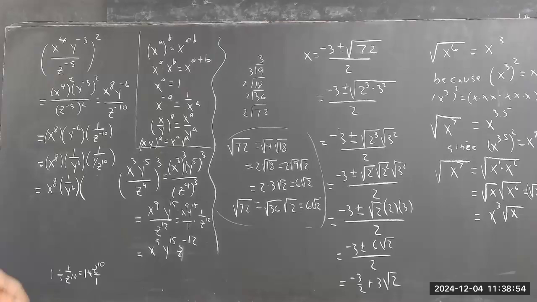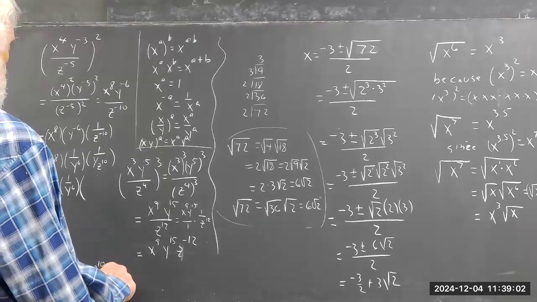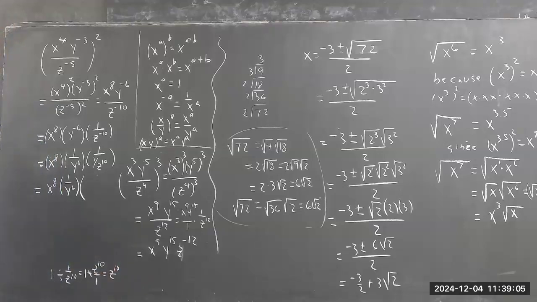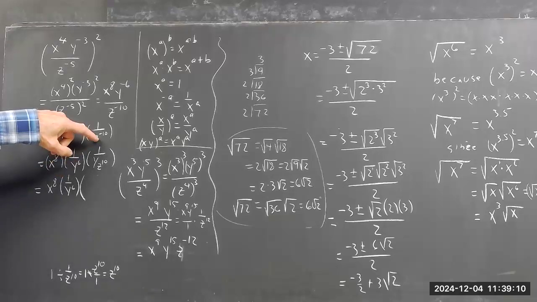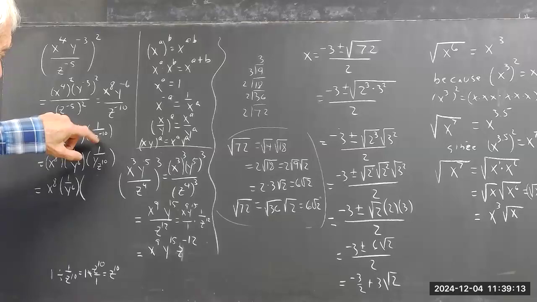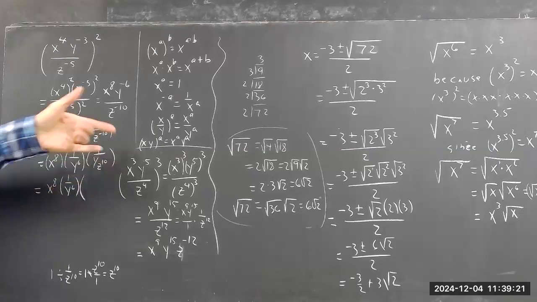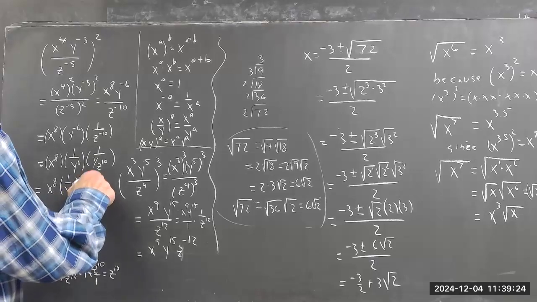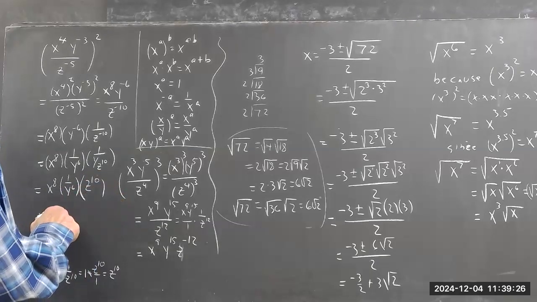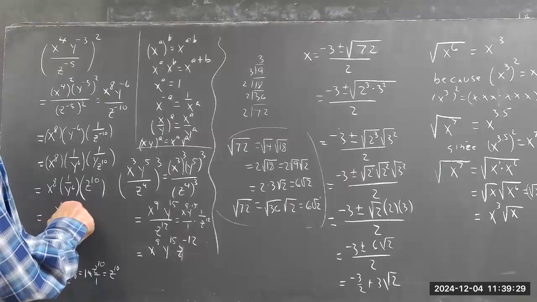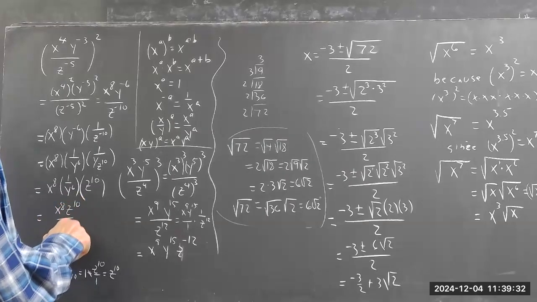One divided by 1 over z to the 10th: when you divide by a fraction, you multiply by its reciprocal. So that gives us z to the 10th. So we get x to the 8th, z to the 10th over y to the 6th.